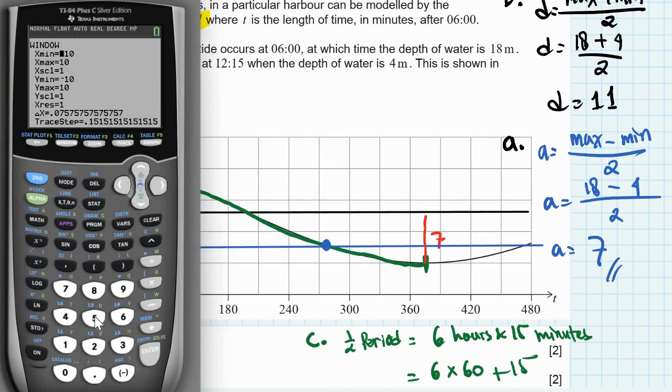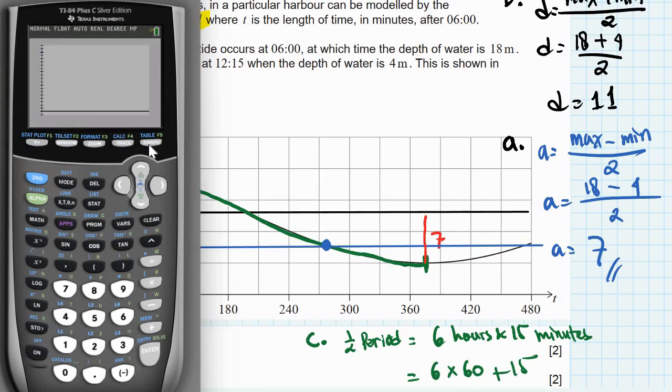I will make it 800 because one period is 750, so I can see the whole picture. I would like to see the full graph. Y min negative 1 is enough. Y max 20, just following the graph. Okay.